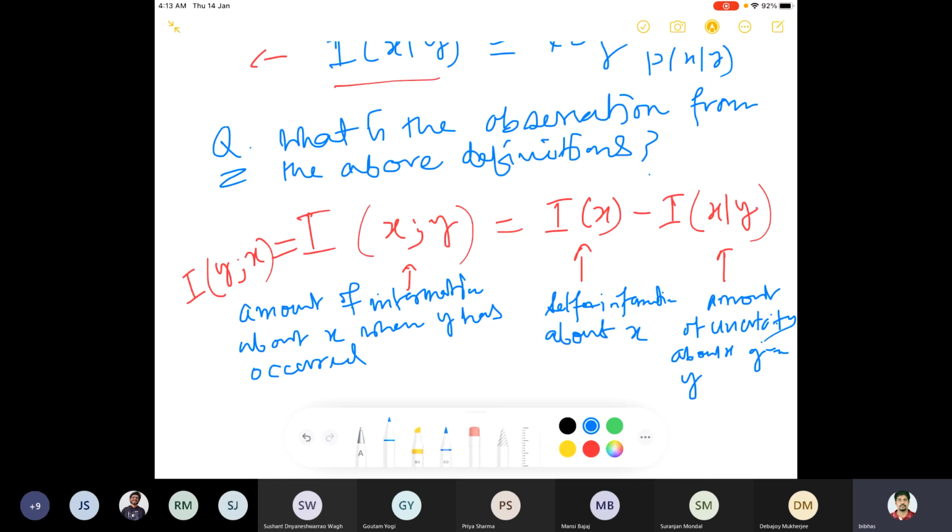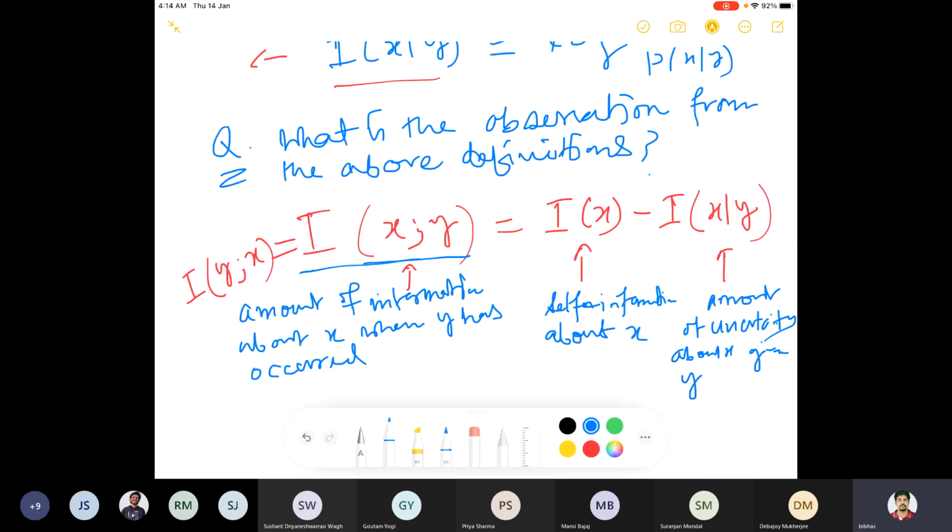Now, next part in the right hand side, I of X given Y, that Y has occurred. This is conditional. Then how much self information does X have? There will be a change after knowing the fact that Y has occurred. This is the amount of information that X has happened after Y has occurred, or X was transmitted when Y was received.